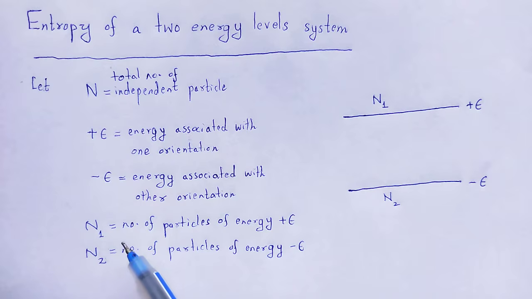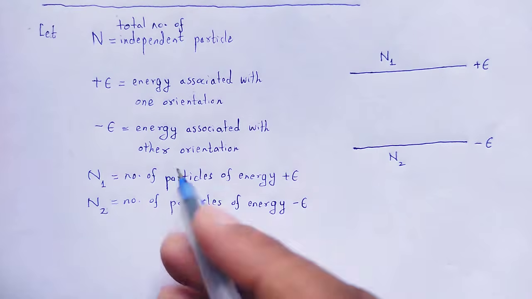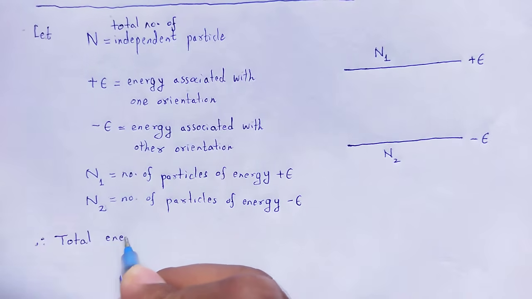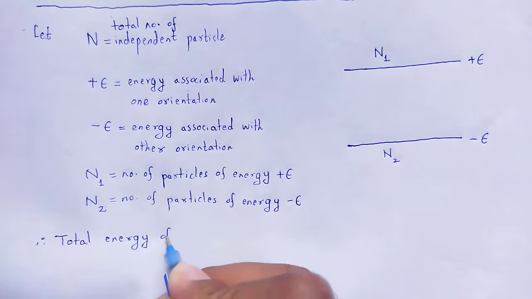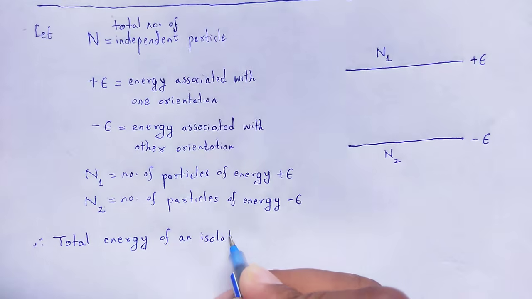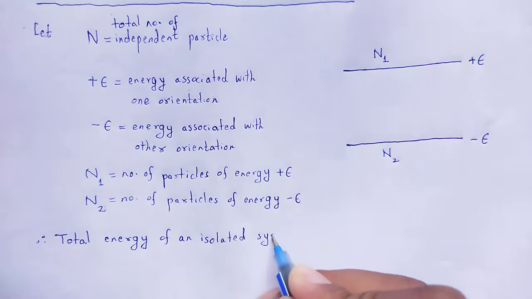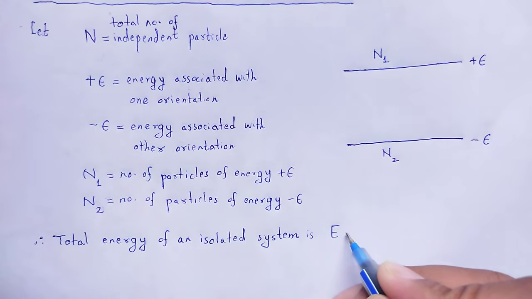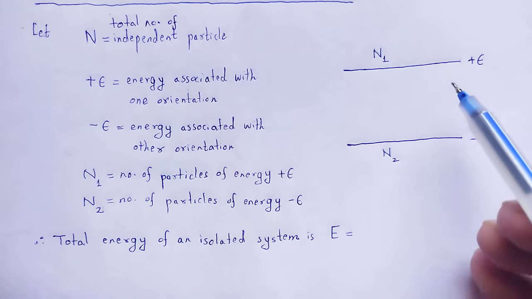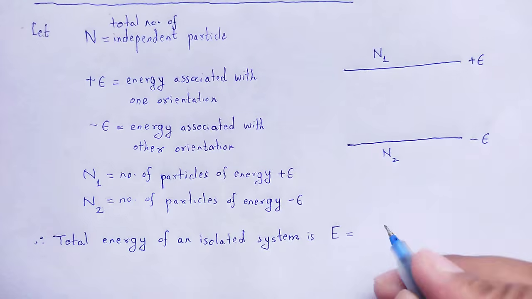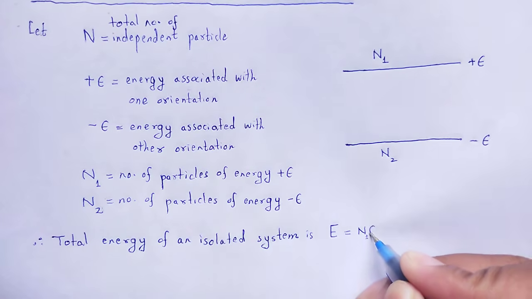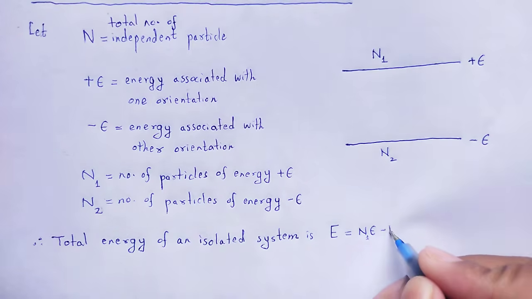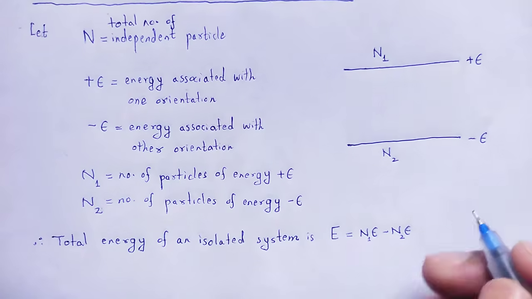The total energy of an isolated system is therefore equal to the energy for that level N1 epsilon, plus the energy of this level, minus N2 epsilon.